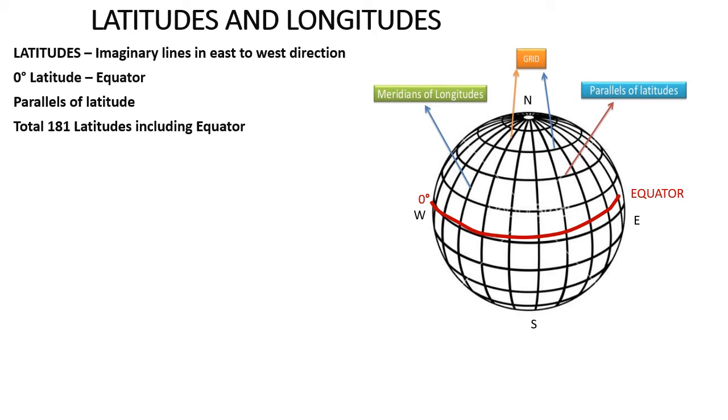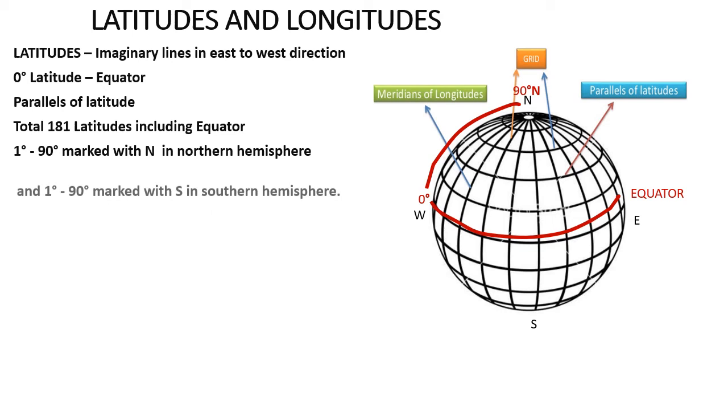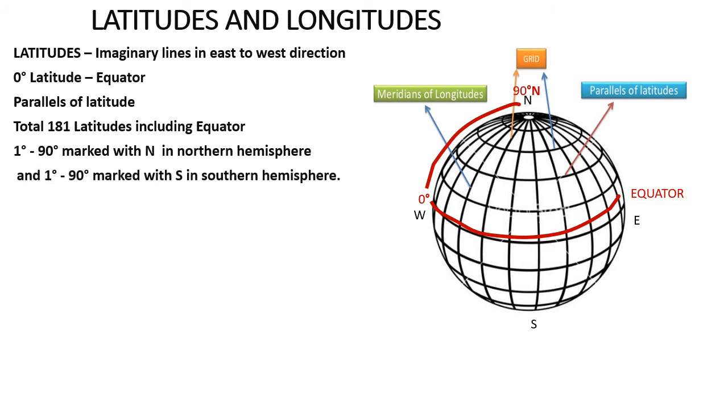Equator is marked with 0°. 1 to 90° marked with N: 1° N, 2° N, 20°, 40° N, 90° N towards North Pole in northern hemisphere, and 1 to 90° latitude marked with S to the south of equator in southern hemisphere. So in this way there are total 181 lines of latitude.